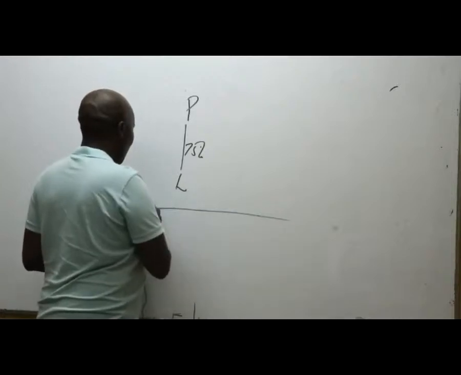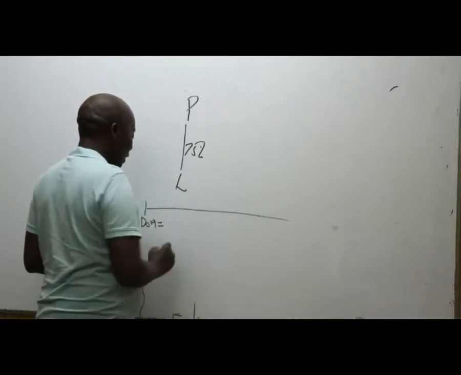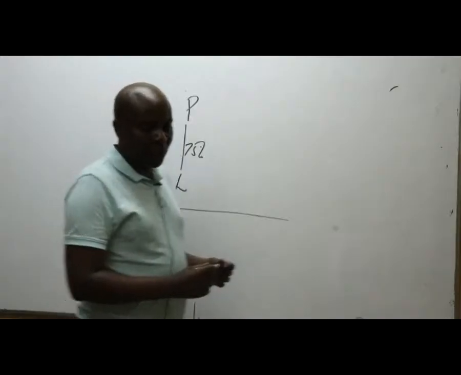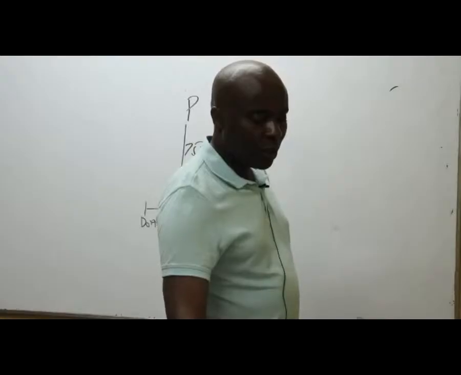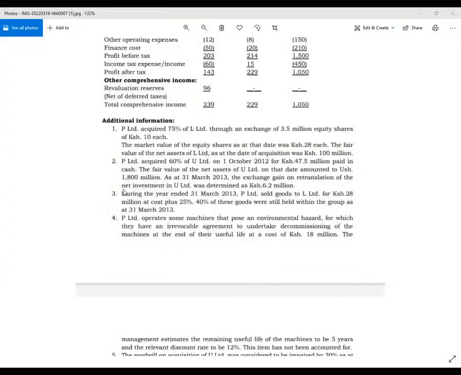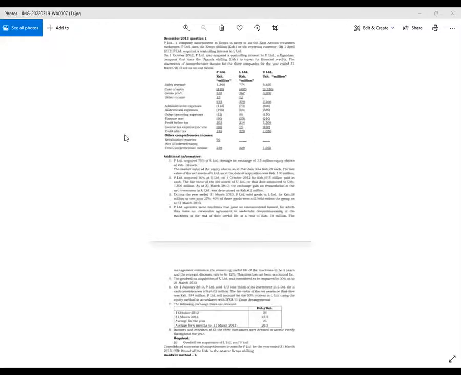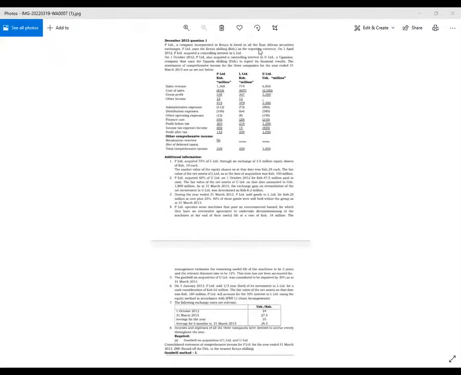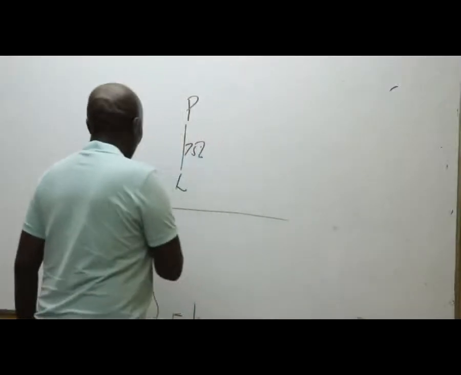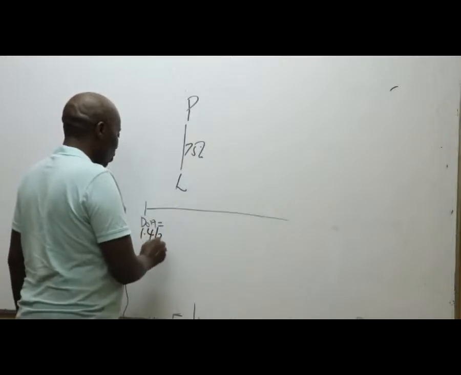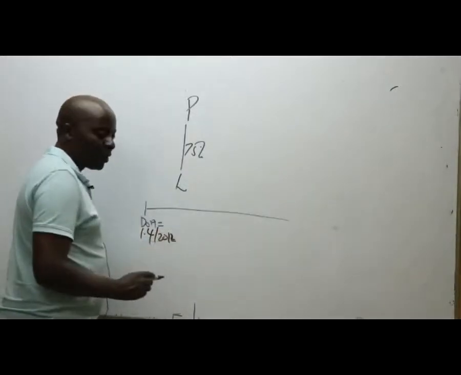The date of acquisition, which they have given us up here: on 1st April 2012, P Limited acquired a controlling interest in L Limited. So we are talking about 1st April 2012.